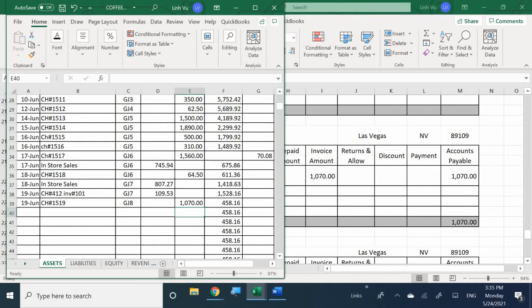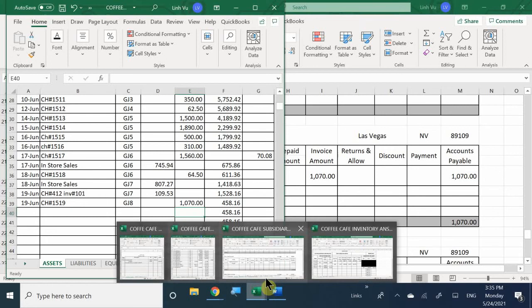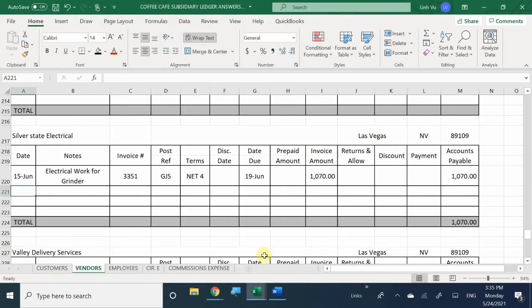Now the subledger, under vendors for Silver State. I don't know if anybody uses the corner of the sheet a little bit.